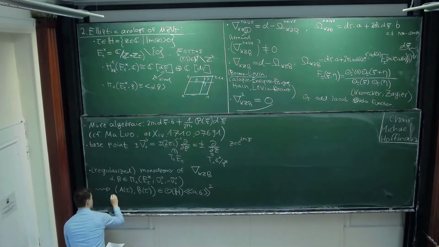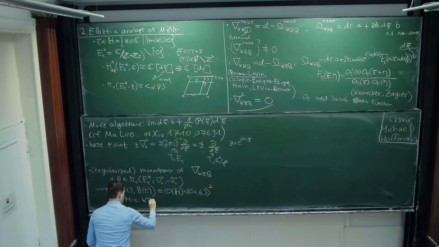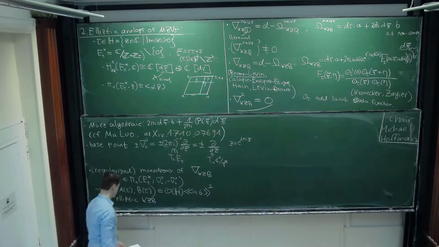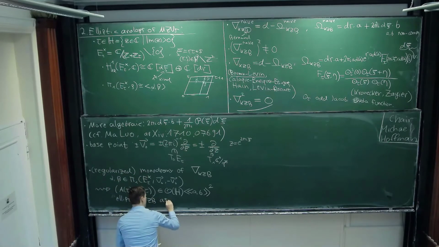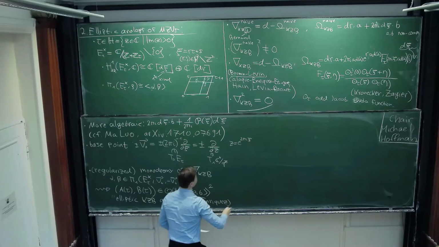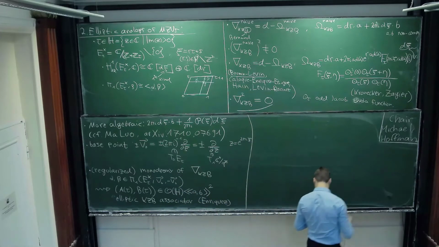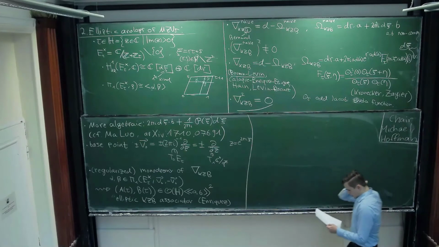And this is the elliptic KZB associator, which I think made a brief appearance in Decane's talk on modular inverters. But this is due to Enriquez.